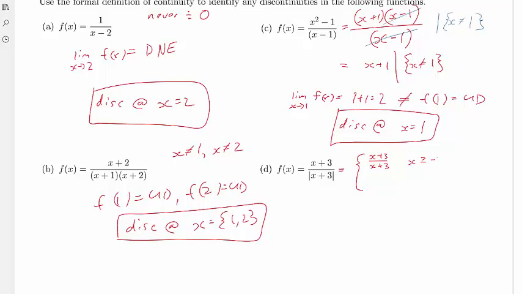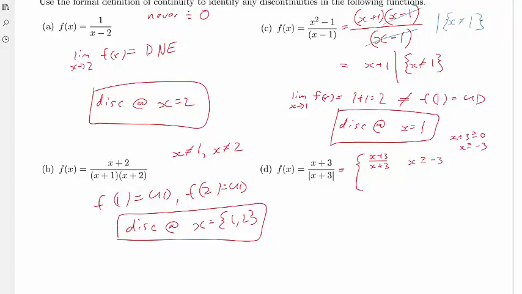You might be going, well, why -3? The reason it's -3 is that's where this becomes 0, right? x plus 3 has to be equal to or greater than 0. That's why we picked this number. Basically this comes from x plus 3 must be equal to or greater than 0. Well, that becomes x must be equal to or greater than -3. That is where that came from.